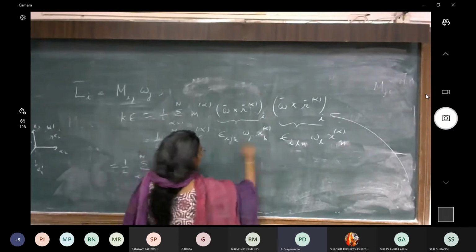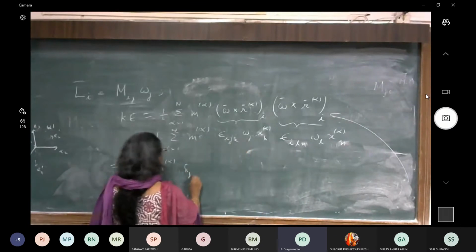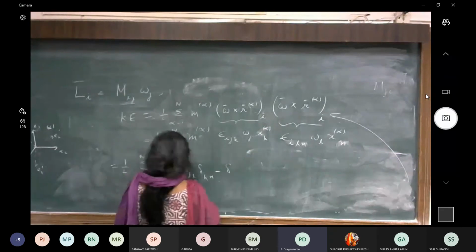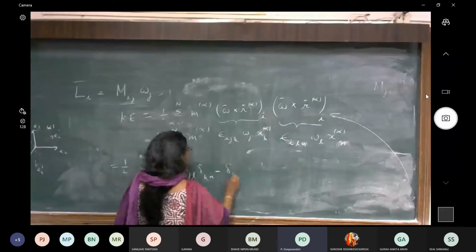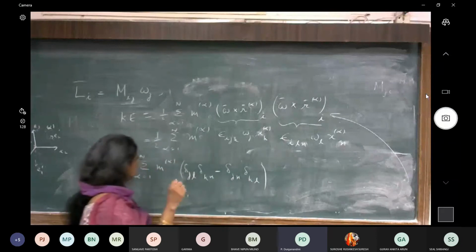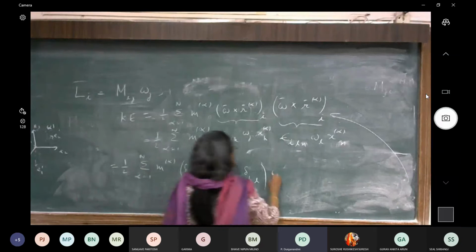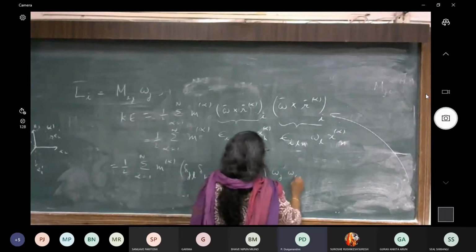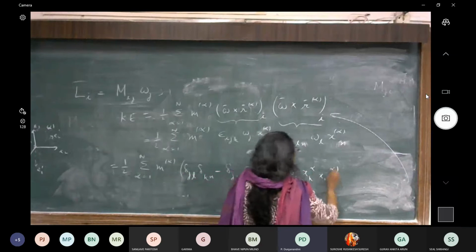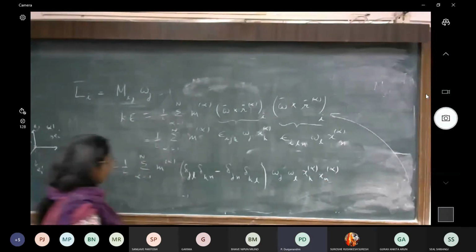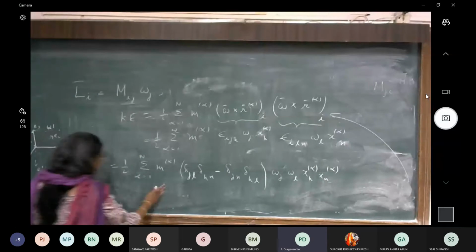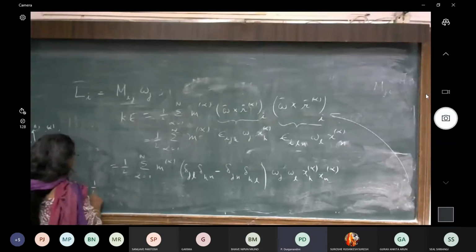If I use the contraction here, I get delta jm delta kn minus delta jn delta km, times omega j omega m x_k alpha x_n alpha. This I can manipulate a little bit more and write it in the proper form.